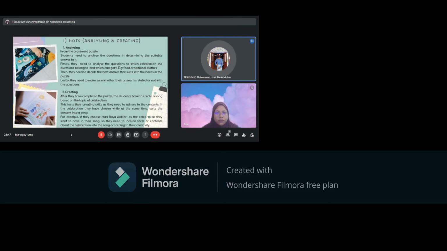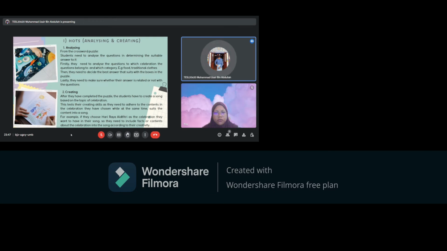And lastly, they need to make sure whether the answer is related or not to the question. Of course, in answering questions, we must make sure that our answer is related. And if our answer is not related, it means that we are not able to answer it successfully. And that's what we call the analyzing part of the HOTS in our teaching materials.